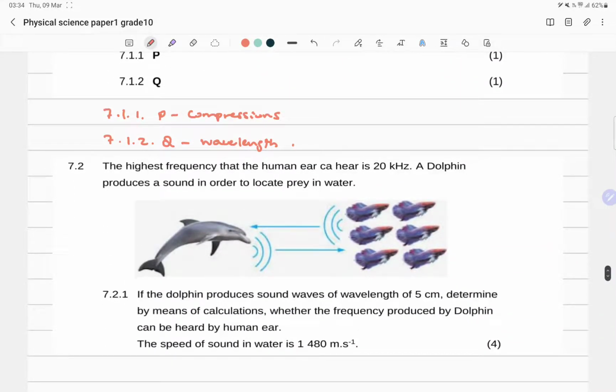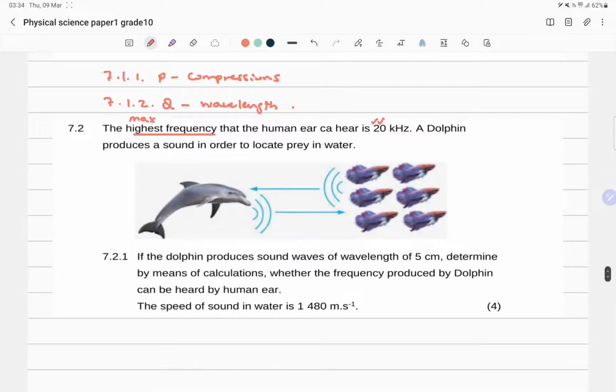Now 7.2 says the highest frequency that the human ear can hear. The highest, that is maximum. The highest frequency that the human ear can hear is 20 hertz. Now, a dolphin produces a sound in order to locate prey in water.